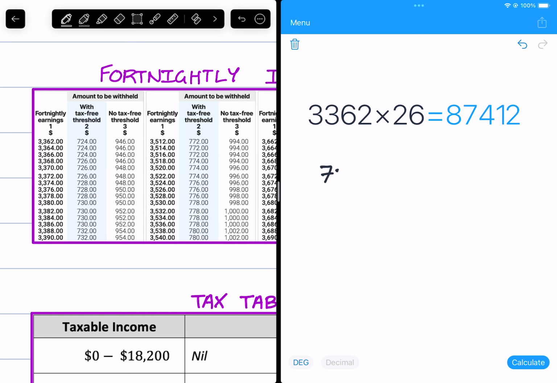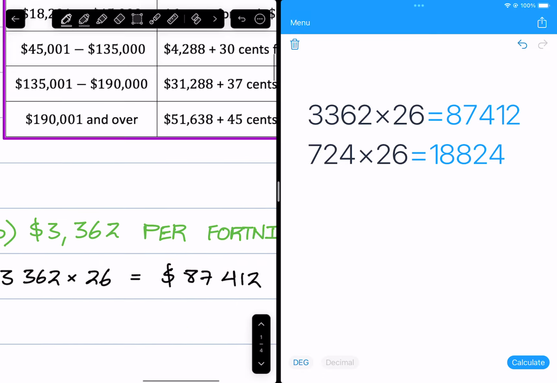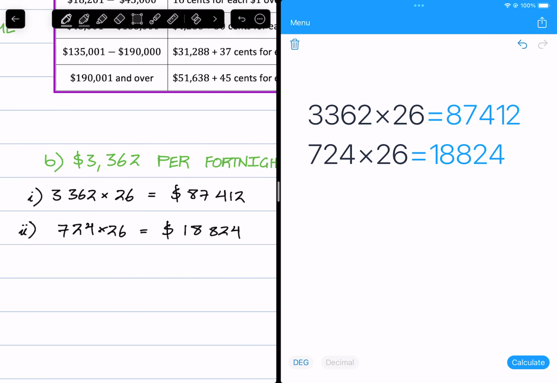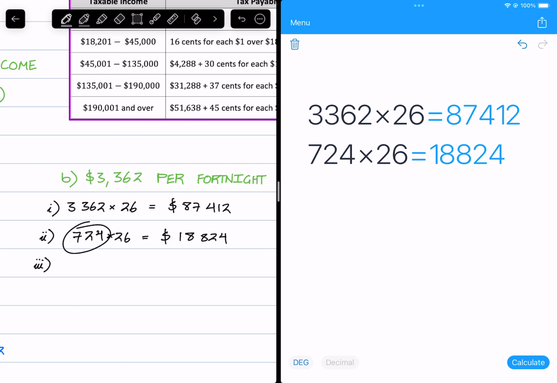So by the end of the year, 724 times 26 is equal to $18,824. So this amount has already been taken out throughout the year, because this is happening each pay period. For this, it's each fortnight, this amount is being taken out.